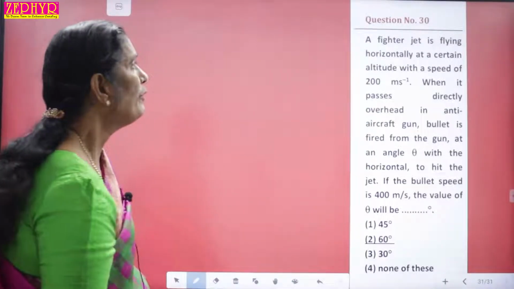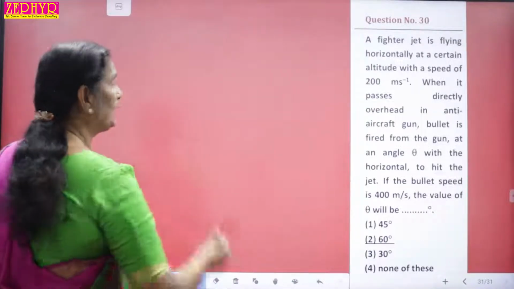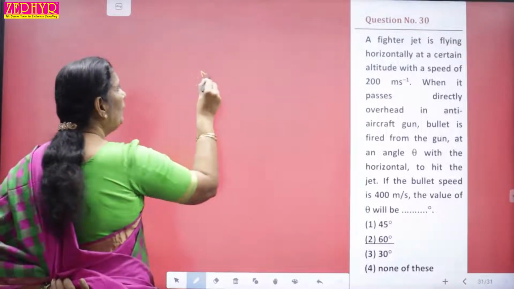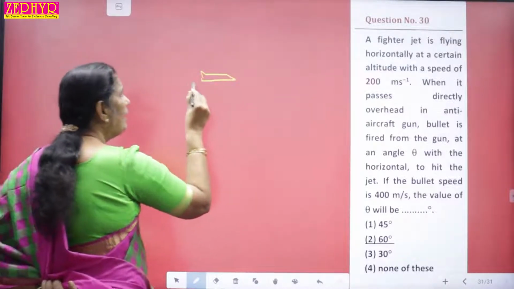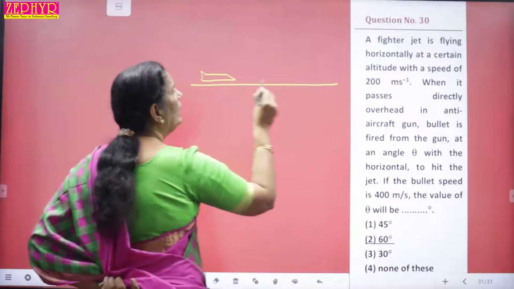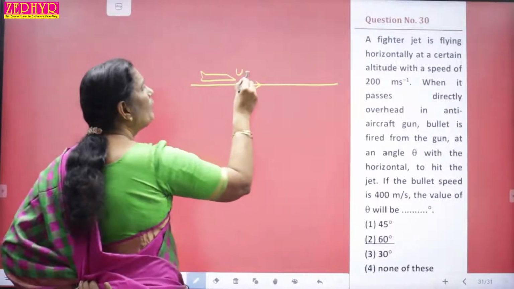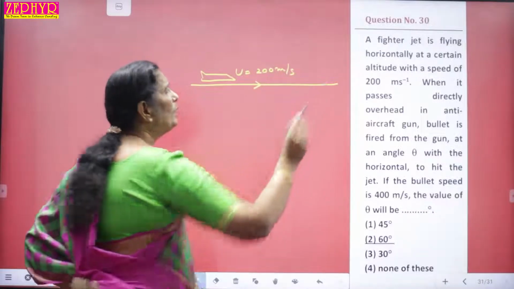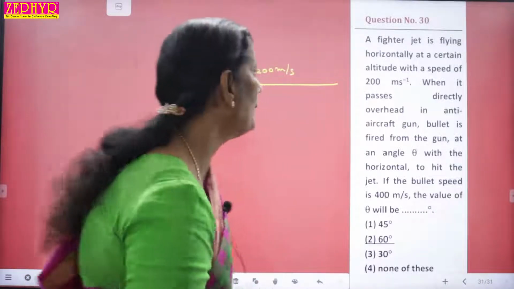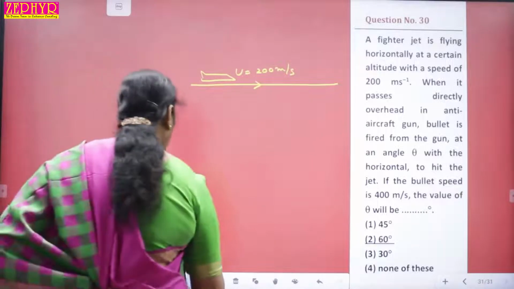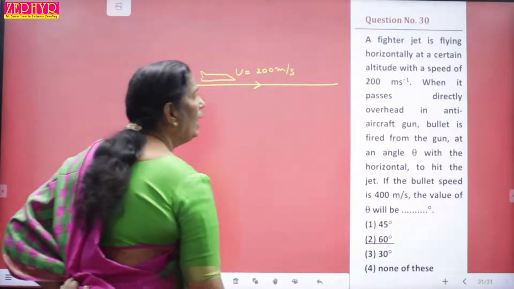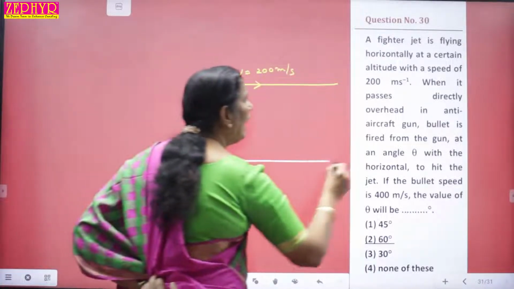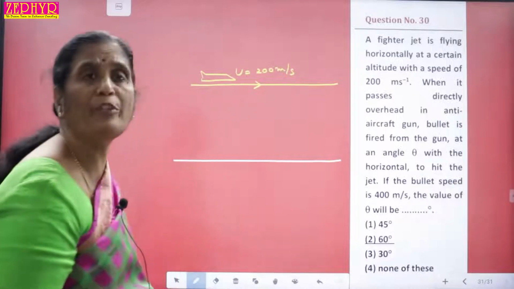Come on. A fighter jet is flying horizontally. You have a jet plane. It is moving horizontally with a speed of 200 meter per second. When it passes directly overhead of an anti-aircraft gun, a bullet is fired.